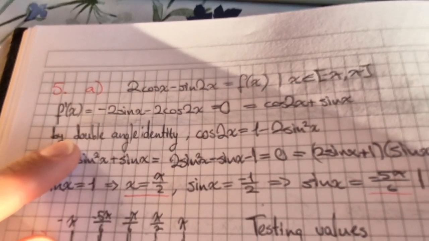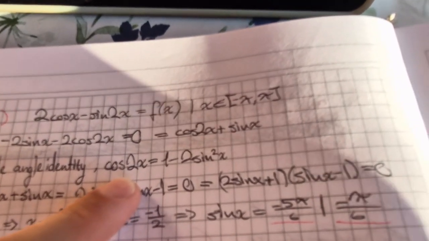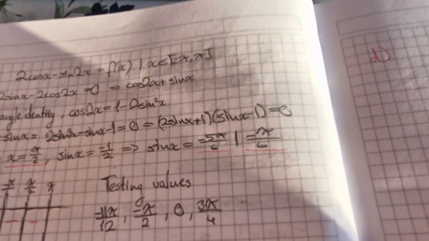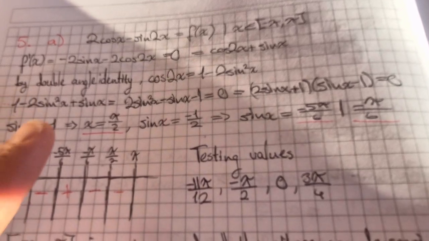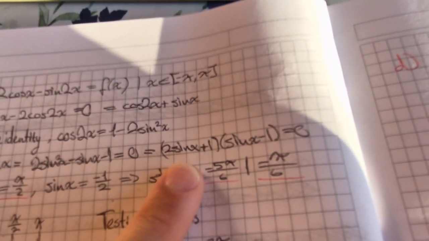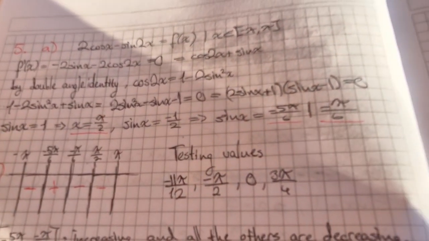That was using the double angle identity of cos 2x, because we couldn't move on from here. We kept going and factored out parts of the given function, and it led us to 3 points.